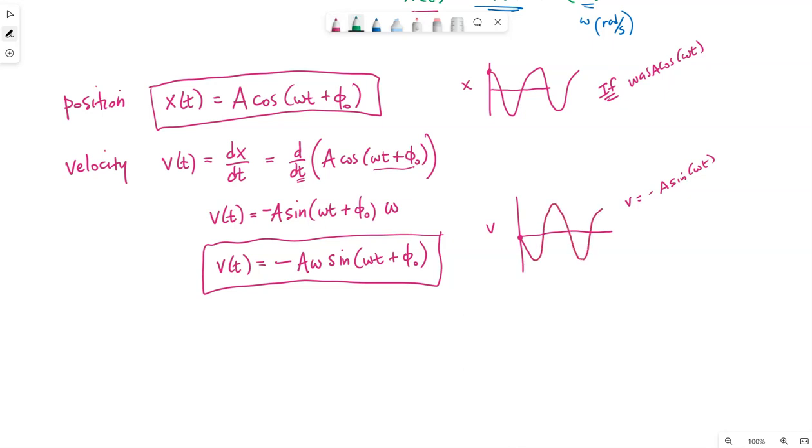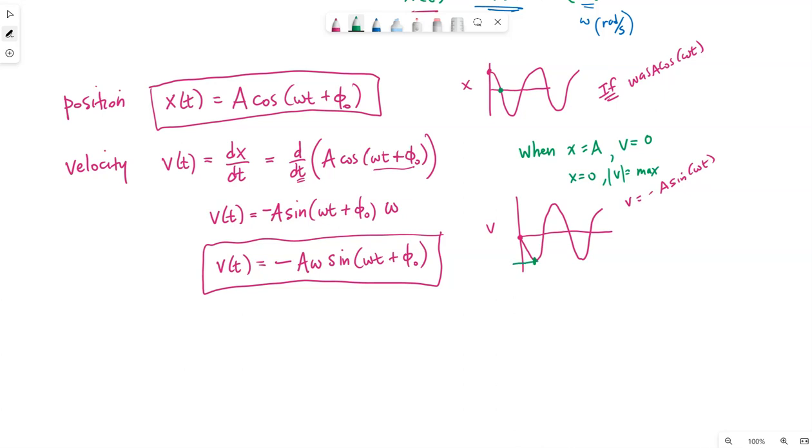What this tells me is when x is A, when the mass is at its maximum distance from equilibrium, the velocity is 0. When x is 0, the absolute value of the velocity is a max. It's the biggest value it can be.